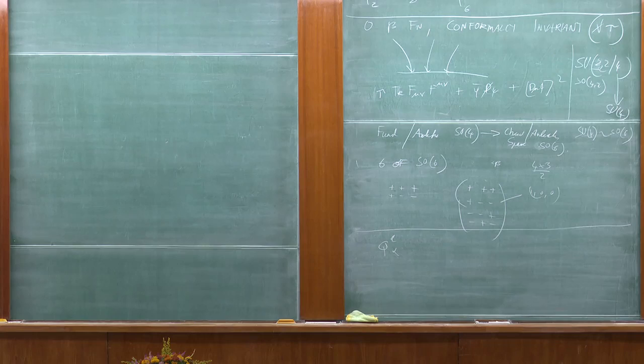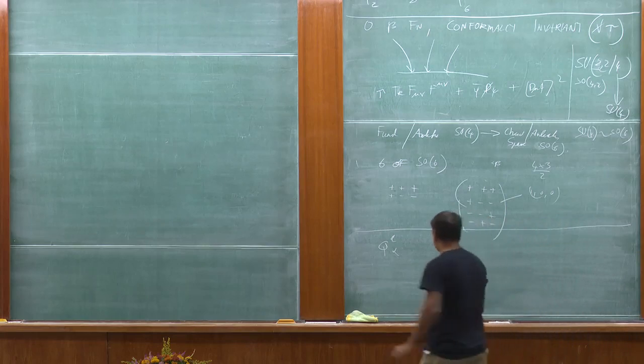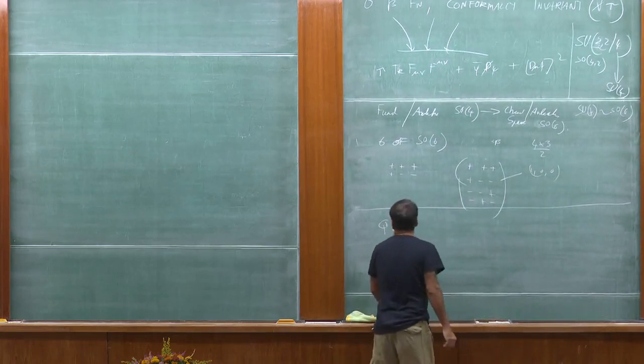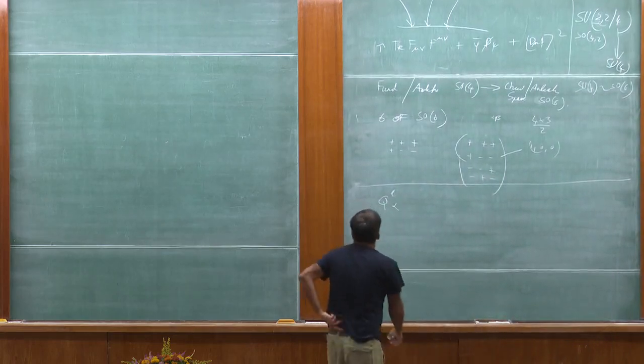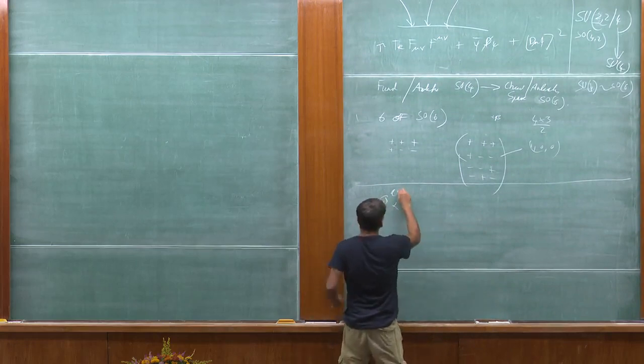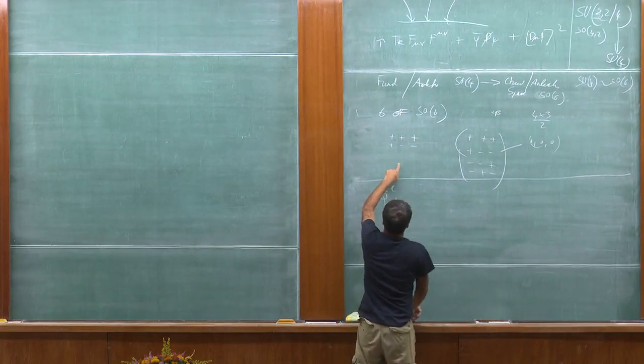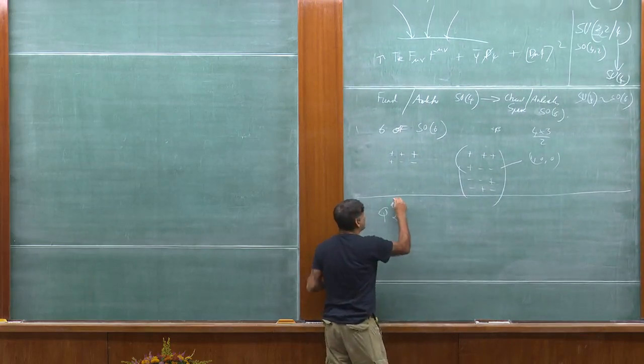Actually, if we've chosen that psi up there to be a chiral spinor, then this will be an anti-chiral spinor.